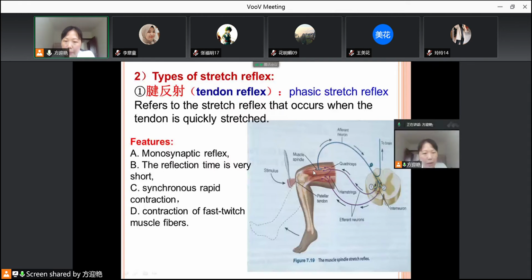The muscle spindle is excited, and the action potential is transmitted by the afferent neurons to the spinal cord.